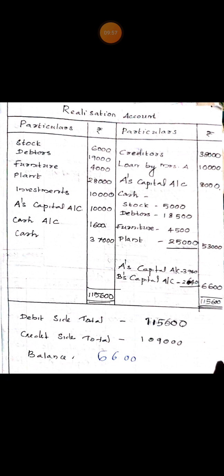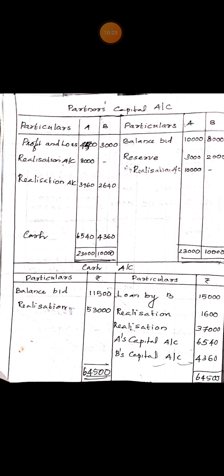Next, realization account credit side, A's capital account 8,000 is there, and A's capital account 3,960 and B's capital account 2,640 is there. 3,960 and 2,640 is the realization loss. Transfer these three to the debit side of capital account.